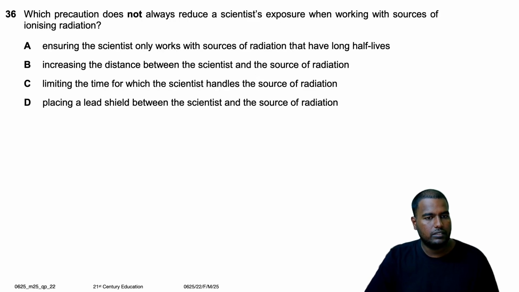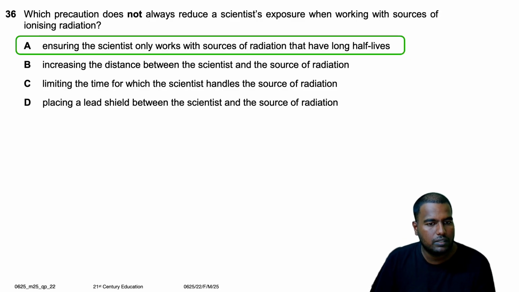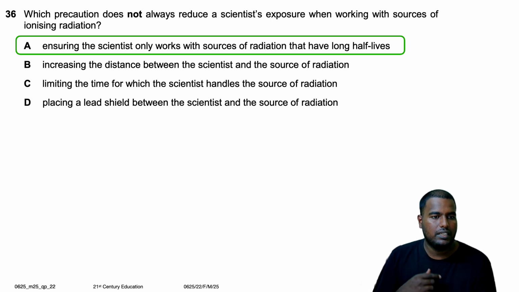Which precaution does not always reduce scientist exposure when working with a source of ionizing radiation? It's A. Ensuring the scientist only works with sources of radiation that have long half-lives. So it's wrong. Increasing the distance between the scientist and the source, yes, it will prevent exposure.